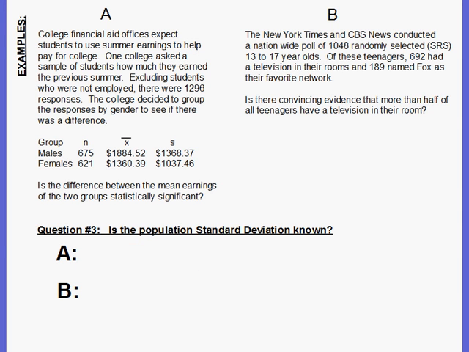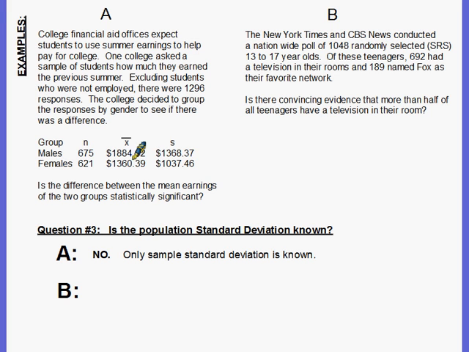Now there's a third question which often distinguishes between normal and t-distributions, and that's, is the population standard deviation known? In question A, no. Only the lowercase s, the sample standard deviation, is given.